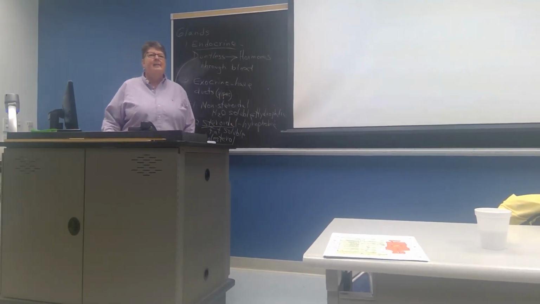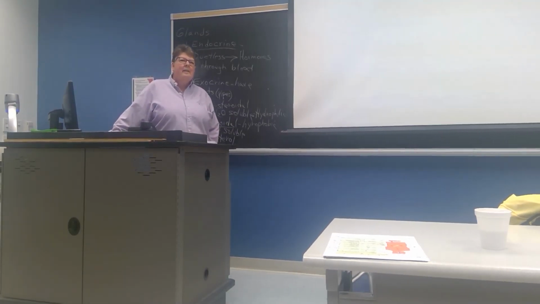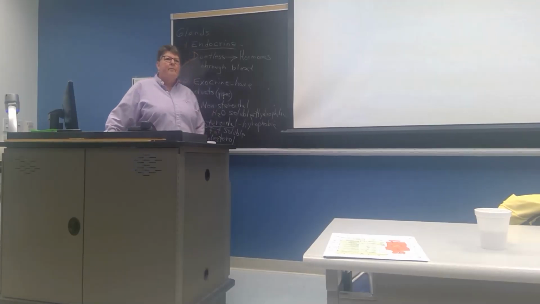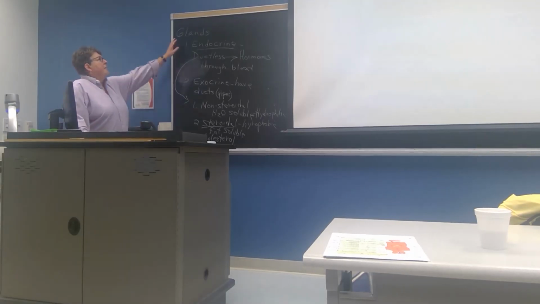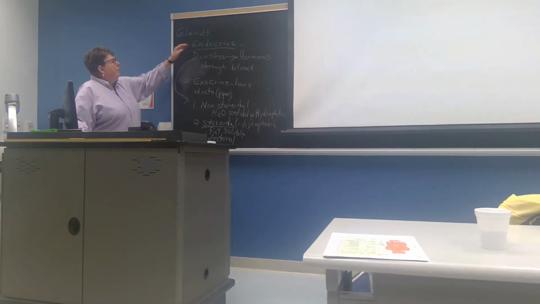Yes. So does exocrine also have glands? Because in the notes that you took on the front, under exocrine, you put glands. Yes, there are 2 types of glands in the body: endocrine glands and exocrine glands. Endocrine glands are ductless, and exocrine glands have ducts.